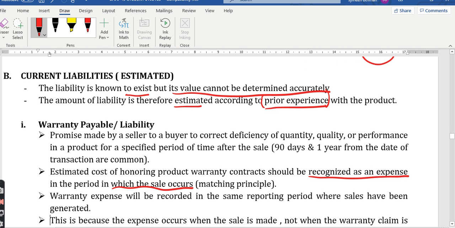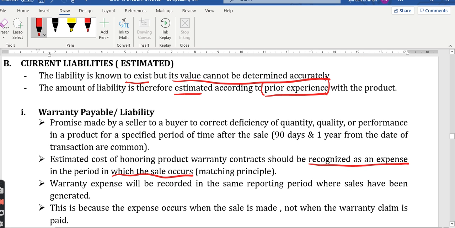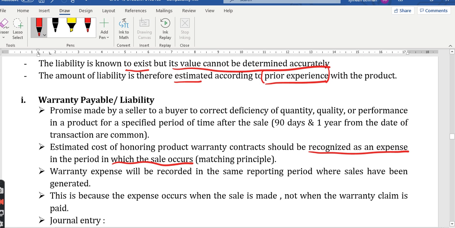Let's say your sales is for 2010, so the warranty expense or the warranty payable will be recorded in the same year itself. You cannot carry forward the amount to the next accounting period. This is because the expense occurs when the sales is made. Warranty moves together with sales. When you have sales, only then is there a warranty. If there are no sales, there is no warranty.